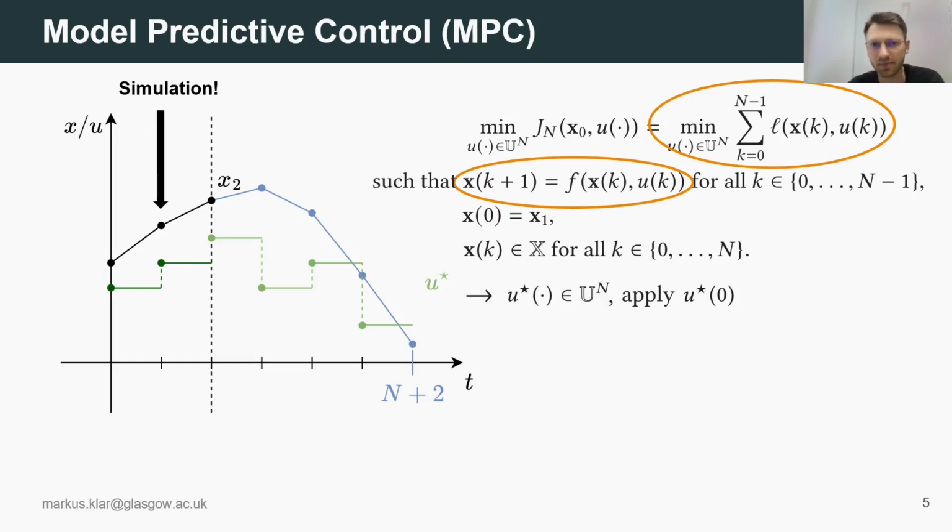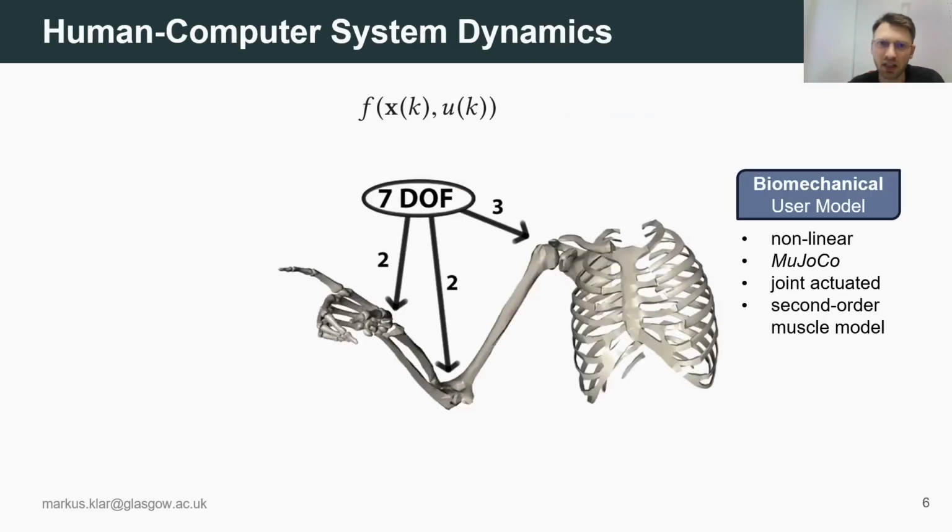For the system dynamics, we chose to take a state-of-the-art biomechanical model that we implemented in the fast physics simulation MuJoCo. And this model is nonlinear and joint-actuated, but we also applied a second-order muscle model to obtain the time delays that are present in muscle control.